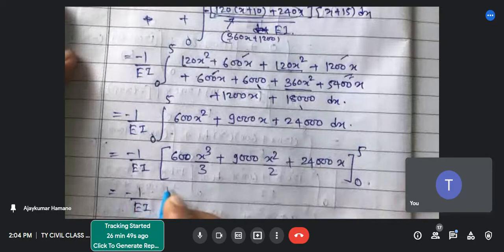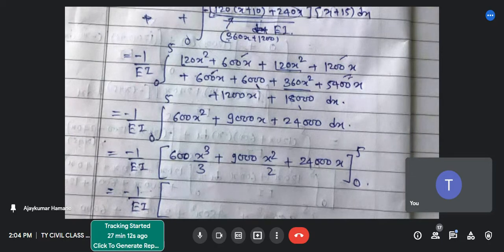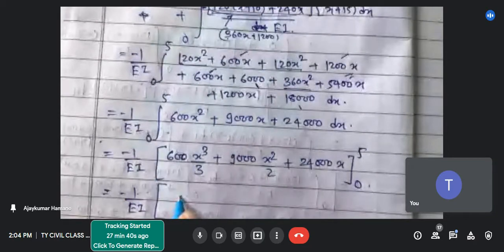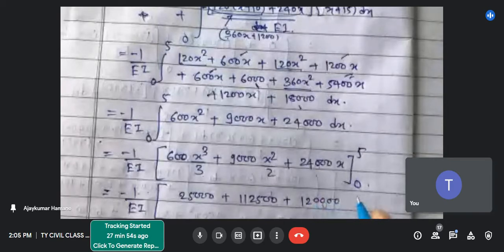Minus 1 by EI. So this is 25,000. This is 112500 plus this one is 12000.